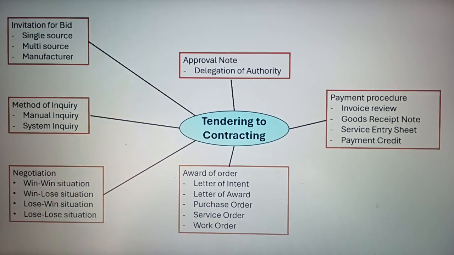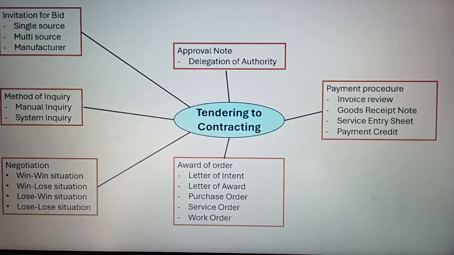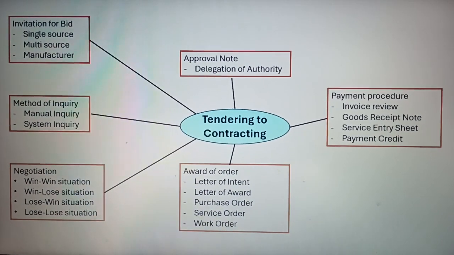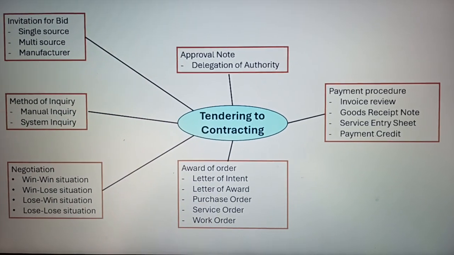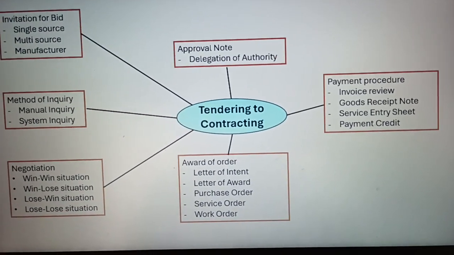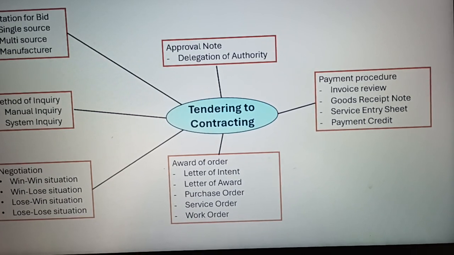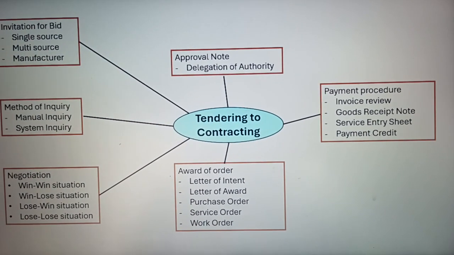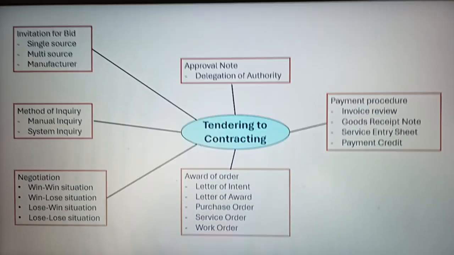So in the case of supply, once we receive material and bank guarantee, because in some types of goods a bank guarantee is taken by the organization, and if the goods have no defect and are approved by the third party inspection agency, TPIA, then we will accept and review the invoice.